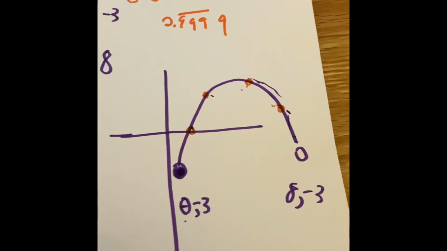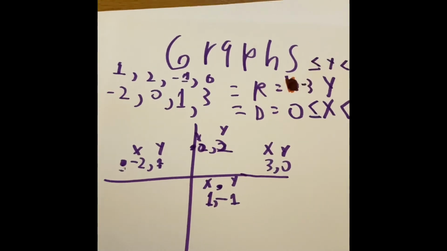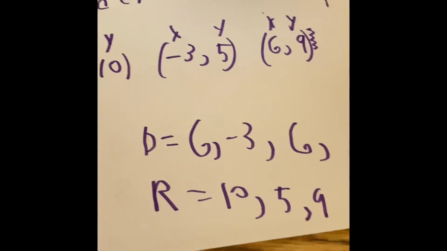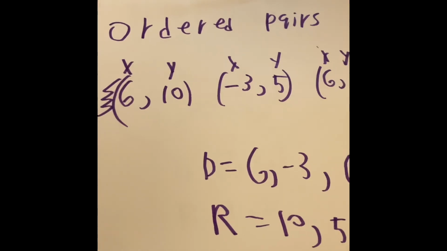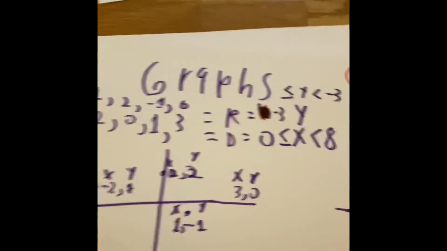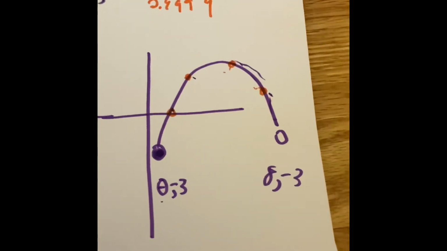So, when you're using a graph to find a relationship or a function, it's not necessarily going to be the same as finding the domains and the range with the ordered pairs and the other ones, such as the ratio table. You might use an inequality to find whatever this is.